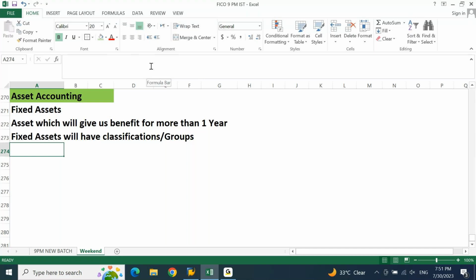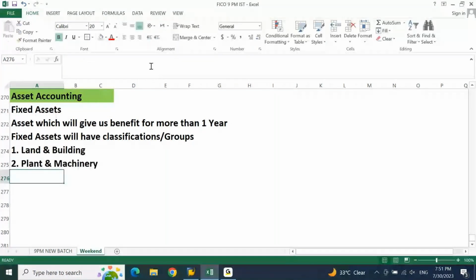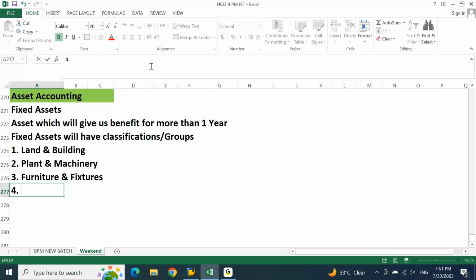So I would say land and building is a fixed asset, and plant and machinery is a fixed asset, and furniture and fixtures or fittings. Fourth one, computers.